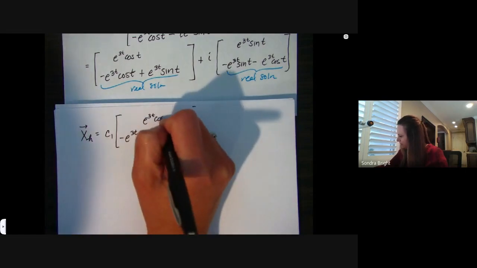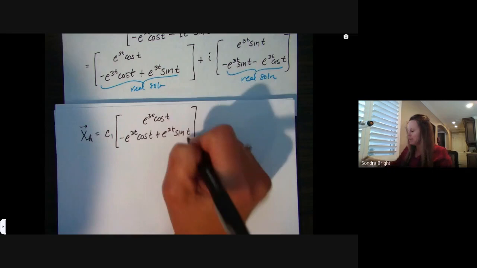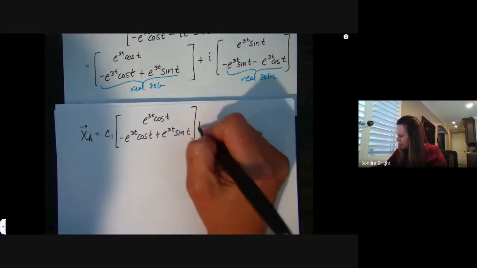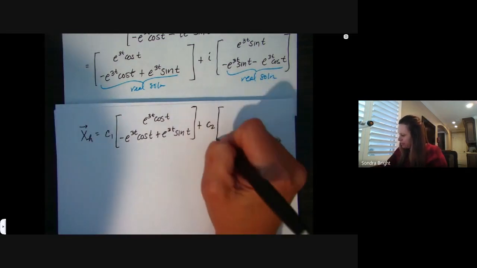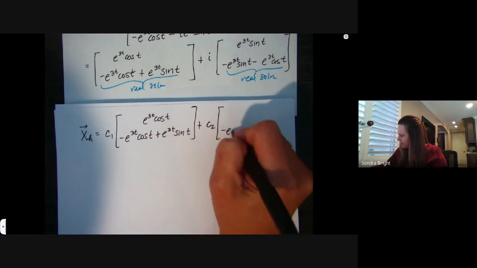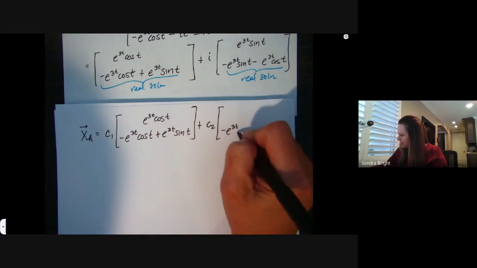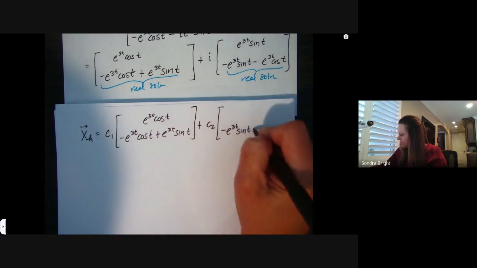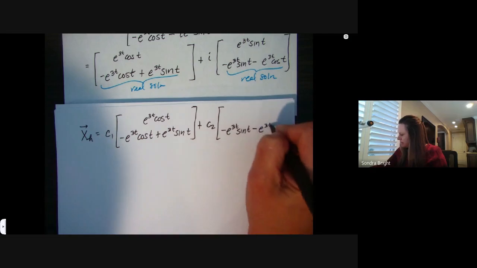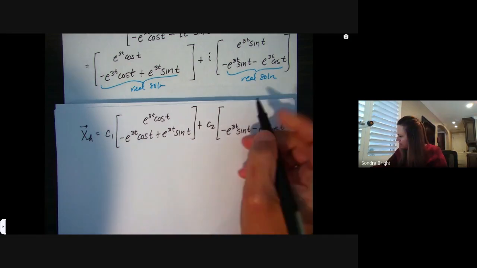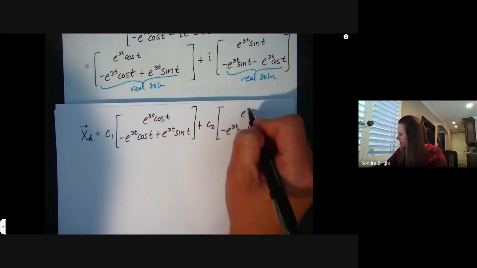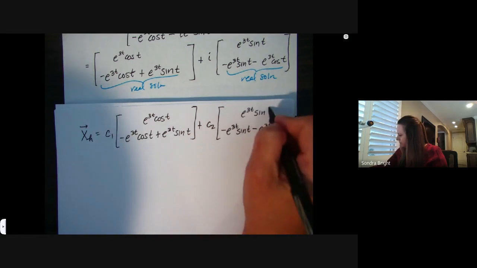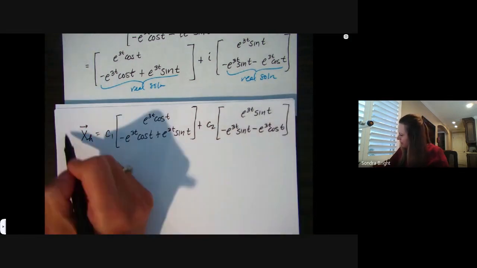There's the first one, plus C2 times negative e to the 3t sine of t minus e to the 3t cosine of t, and the top row is just an e to the 3t sine of t. There's your homogeneous solution.